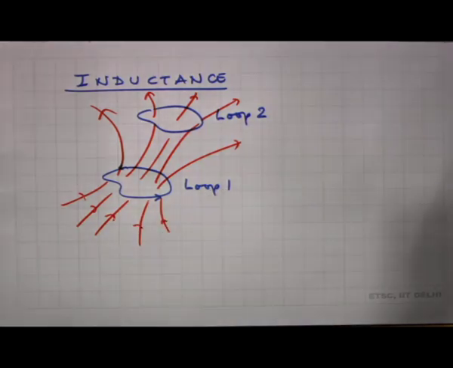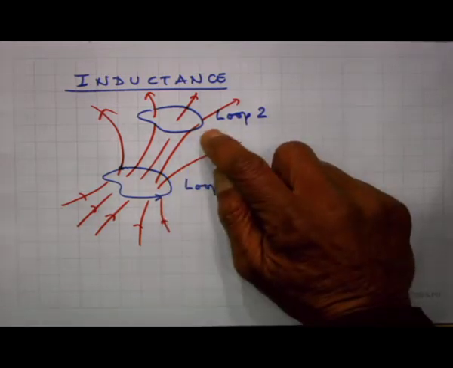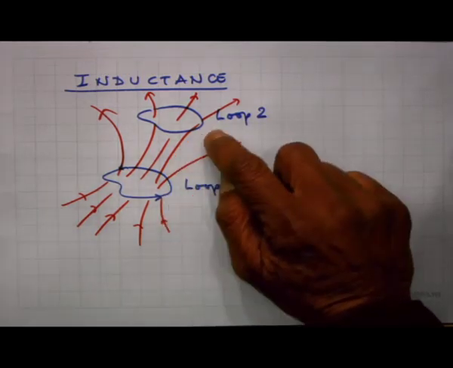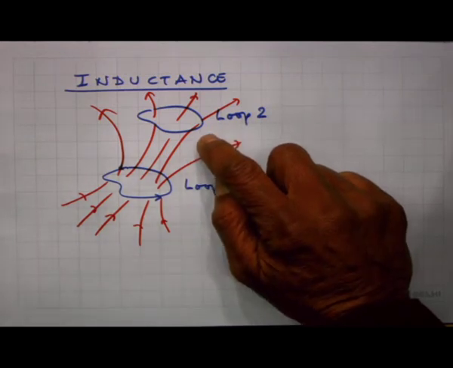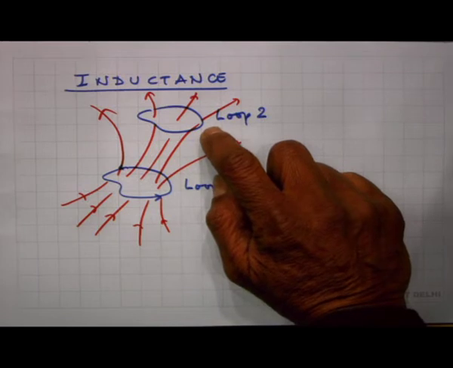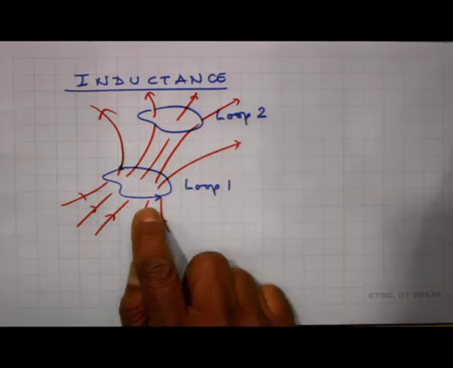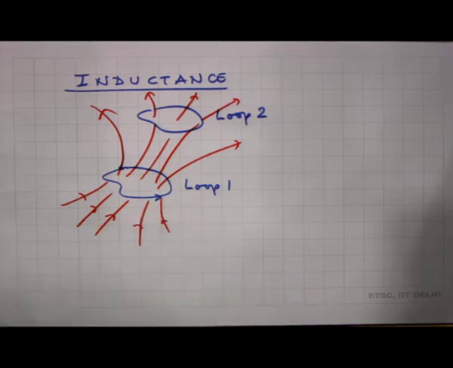So, when I pass a current through this loop 1, I will generate a magnetic field because of this current. There is a loop which is placed close to this loop 1, which I call loop 2. So, part of the magnetic flux will pass through this loop 2, and so loop 2 will enclose a certain flux. Now, notice that the magnetic field produced by loop 1 is proportional to the current passing through loop 1.